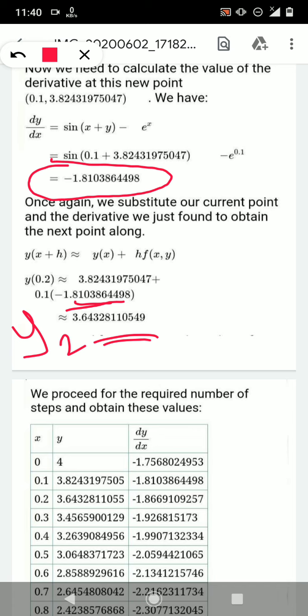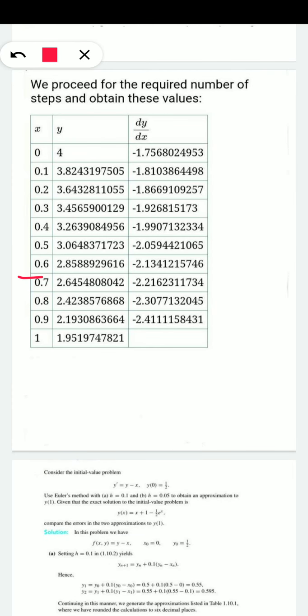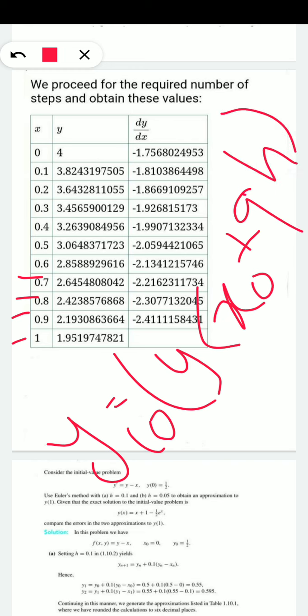Similarly, we can find y3, then y4, y5, y6, y7, y8, y9 and y10. y10 is equal to y(x0 + 9h). x0 plus h is equal to x1, x0 plus 2h is equal to x2, and so on.